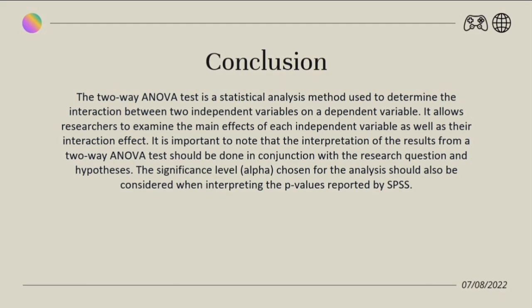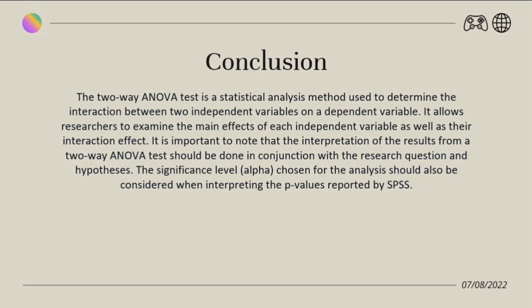The conclusion. The two-way ANOVA test is a statistical analysis method used to determine the interaction between two independent variables on a dependent variable. It allows researchers to examine the main effect of each independent variable as well as their interaction effect.